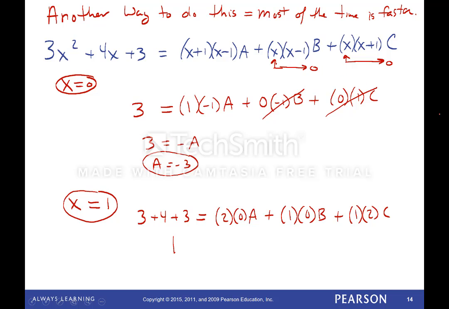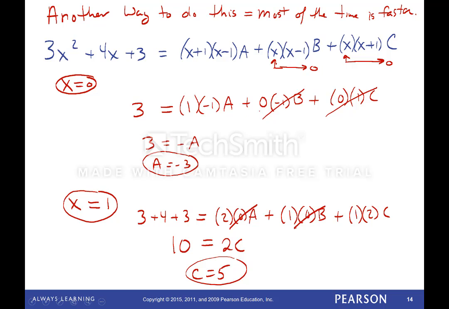So notice this time what happens: 4 plus 3 is 7, plus 3 is 10. But the a variable and the b variable are gone, and I'm left with 2c. If I divide both sides by 2, I get c equals 5. Voila, how cool. So if I can zero out other variables, I can solve for the variable that I want quite easily.